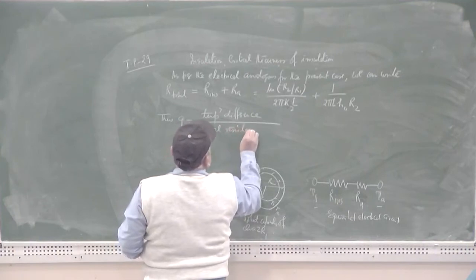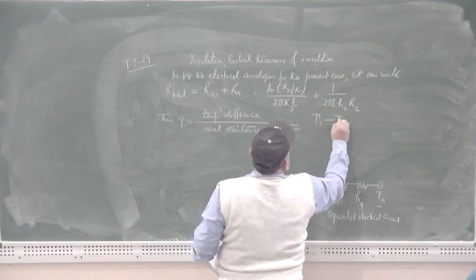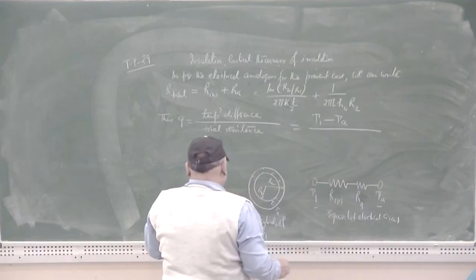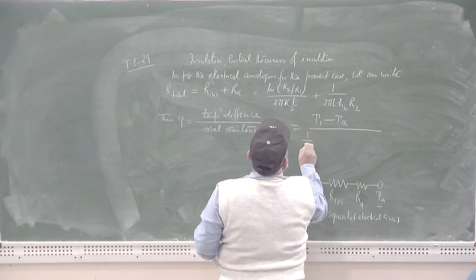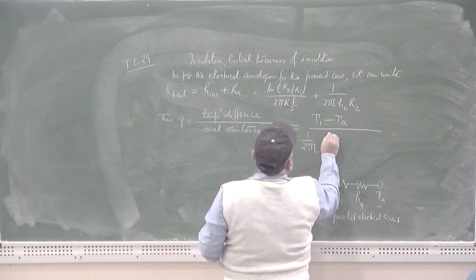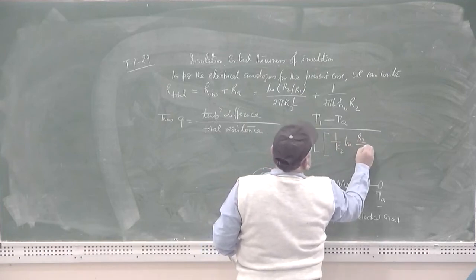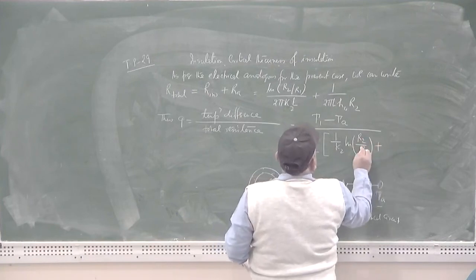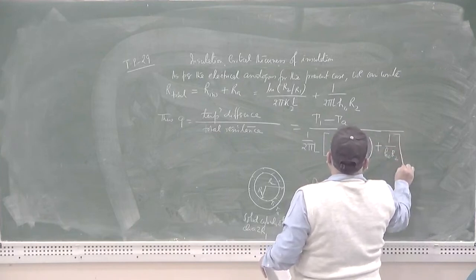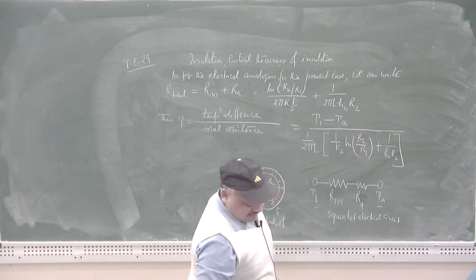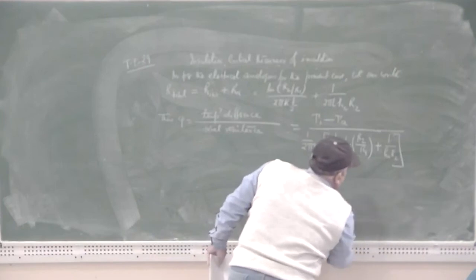The temperature difference was T1 minus Ta, divided by the total resistance, that is equal to 1 upon 2 pi L times [(1/K2) ln(R2/R1) plus 1/(h0 R2)], right. So, I have to remove this now. The work is over for the present case.